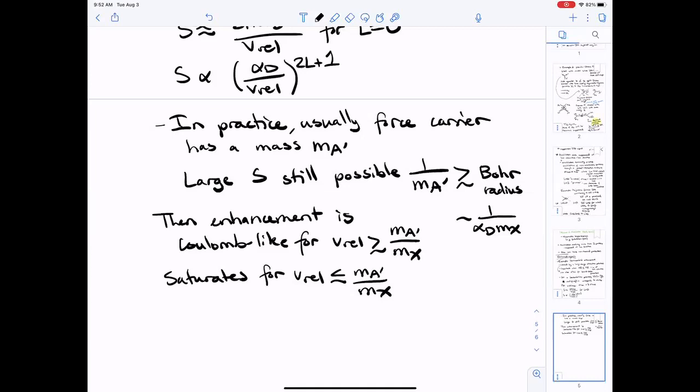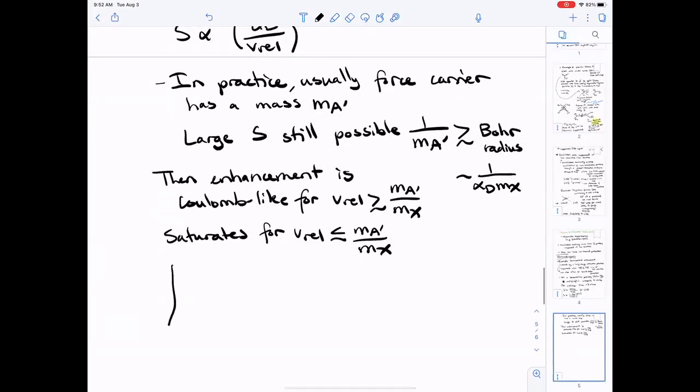Question? Yeah, just trying to think intuitively about this. I would expect there would be more enhancement for a lighter force carrier compared to the dark matter particle. Yeah, so if we were to plot S versus v_rel, in the Coulomb case, S is about 1 at high velocities, and then as you go down to low velocities, it takes on this linear scaling.